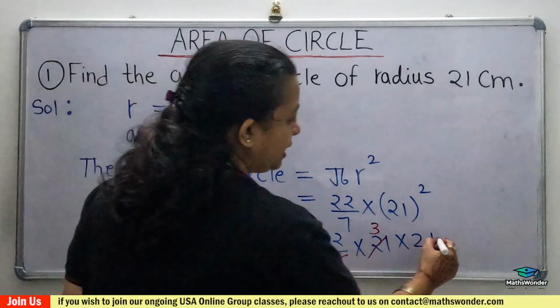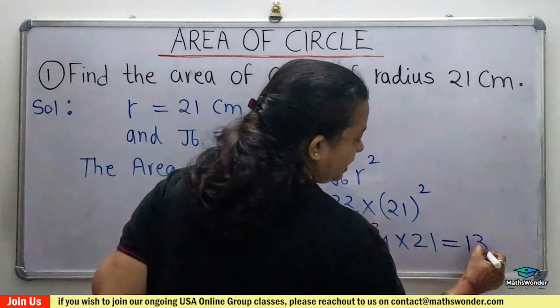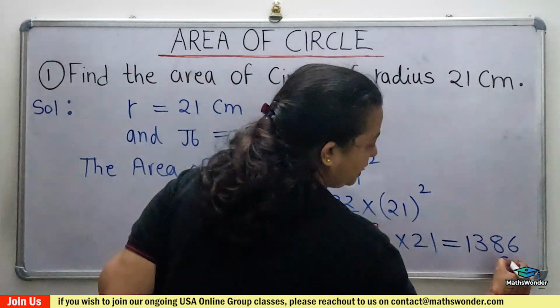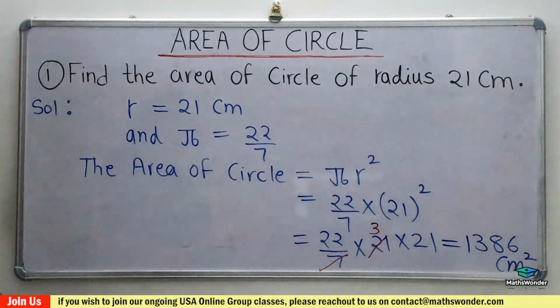Now multiply all the numerator numbers. 22 times 3 times 21, which is 1386 centimeter square. Always remember, area unit is in square units. Circumference is always in a single unit, but the area will be in square units.